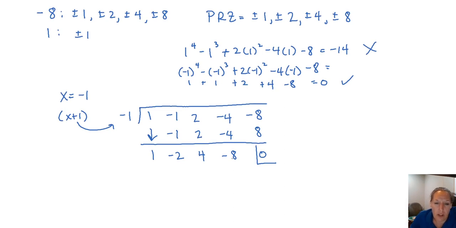So that just double checks and gives us assurance that we did it correct when we plugged in our -1. So we have factored this to x plus 1 times, remember this number closest to the remainder is our constant, and then we're just going to increase powers of x's as we go across. So we'll get x cubed minus 2x squared, positive 4x minus 8.